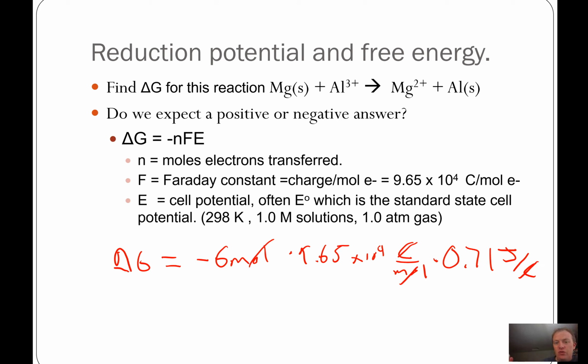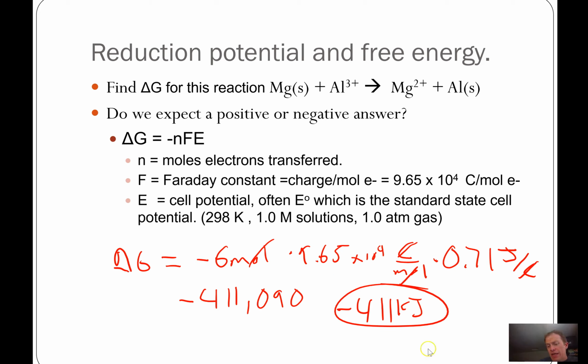We're going to get an answer in joules, so basically it's 6 times 9.65 times 10 to the fourth times 0.71. We get negative 411,090. Again, that's joules. Let's just change it to kilojoules to make our sig figs. So again, makes sense. This is a spontaneous reaction, so positive voltages go with negative delta G values.